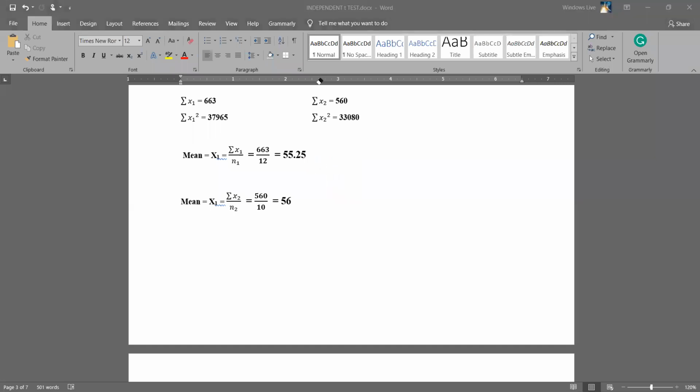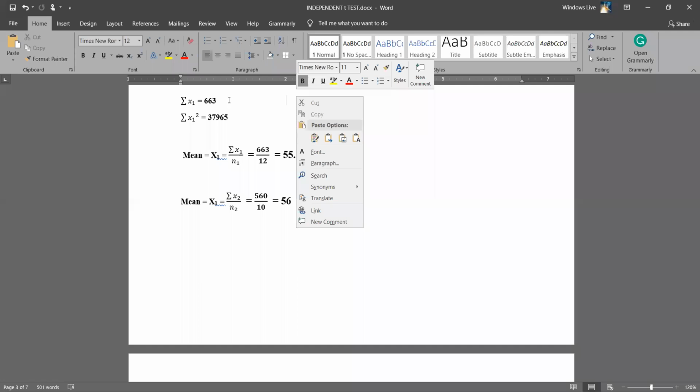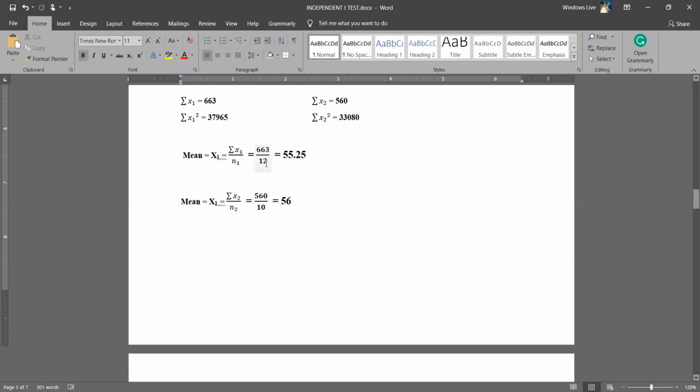Per our calculation under group 1, we had sigma x to be 663, and n for group 1 is 12. So your mean for group 1 will be 55.25. Then under mean 2, sigma x is 560 over 10, which is the total number of people under group 2. So the mean value for group 2 will be 56.